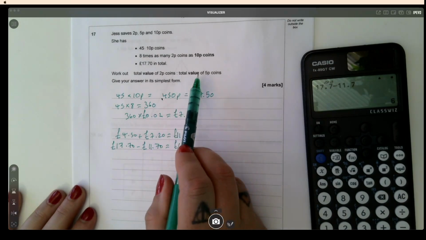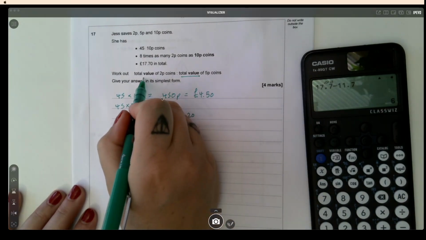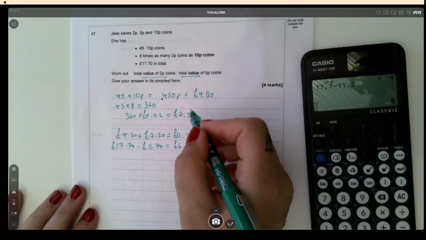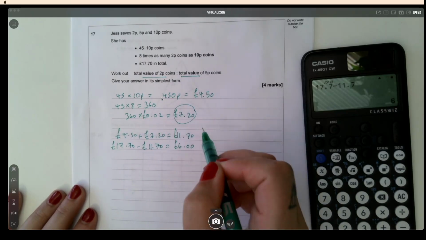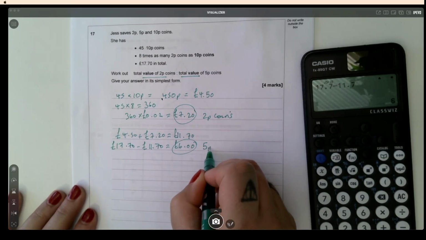Now, we don't need to know how many 5p coins. It just wants the total value of 5p coins and the total value of 2p coins.